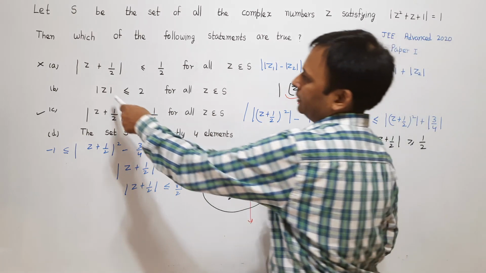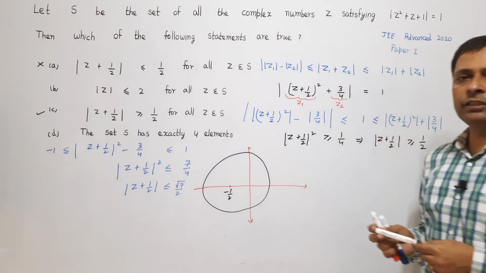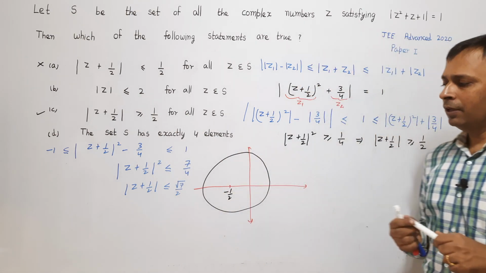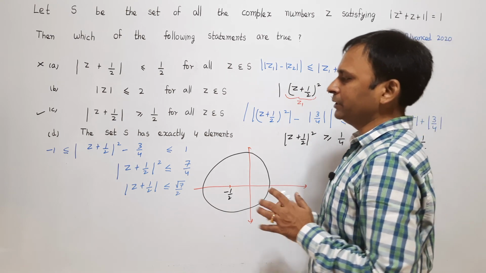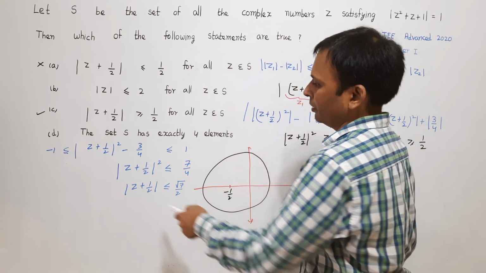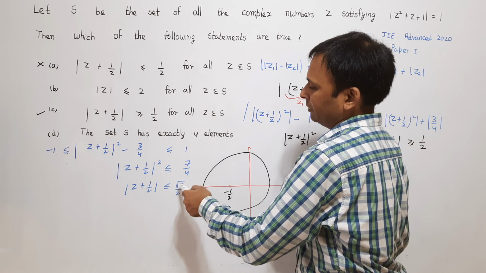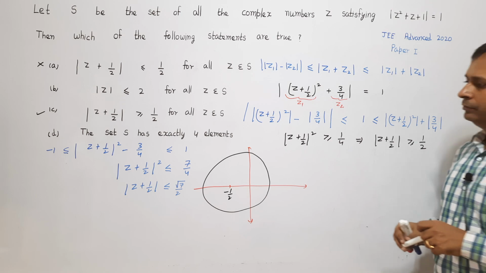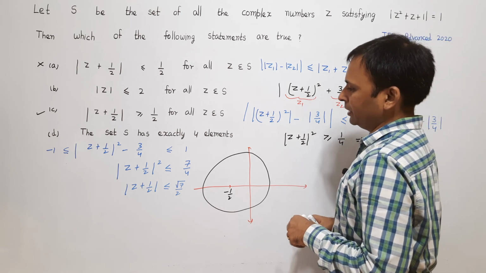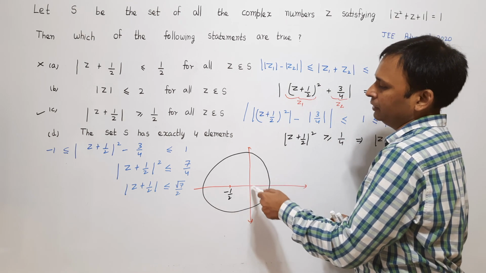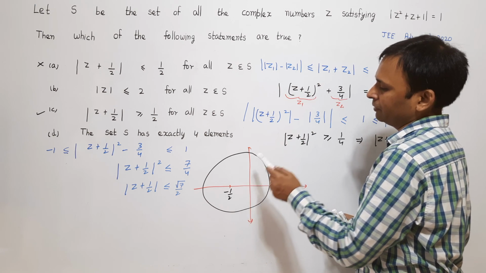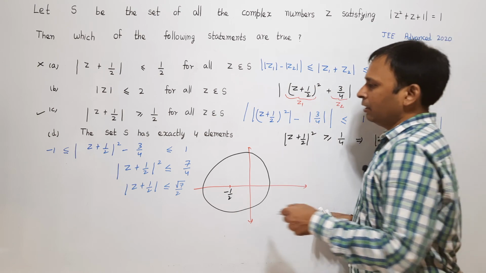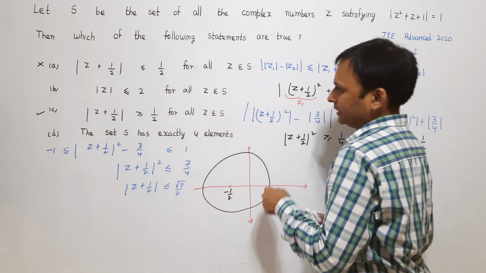Now in this option I need to get what can be the maximum value of mod z. When comparing with this, I should get the answer. Now what does mod z represent? If I say mod of z plus 1 by 2 is less than or equal to root 7 by 2, mod z represents the distance of this complex number from the origin. So we need the maximum value of mod z.